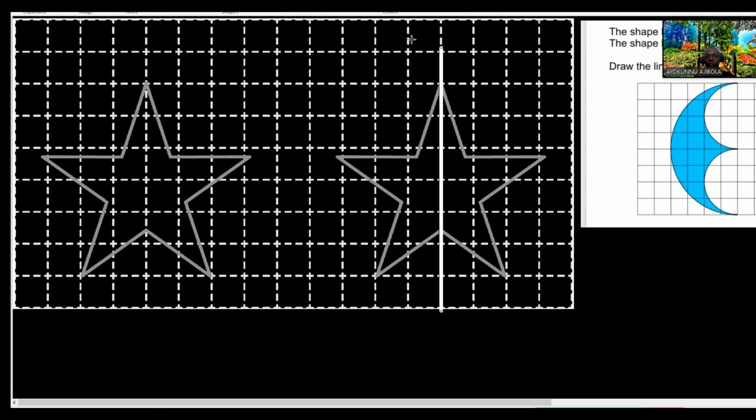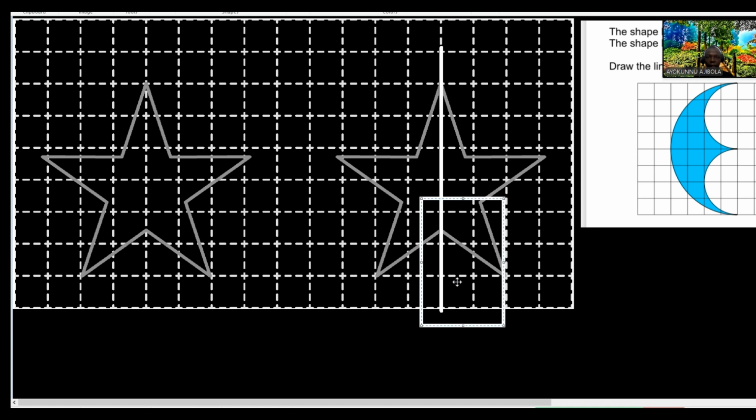If I fold this part together, it will match with the one on the left side. So this part of the shape is going to match perfectly with this part of the shape if I fold it over.